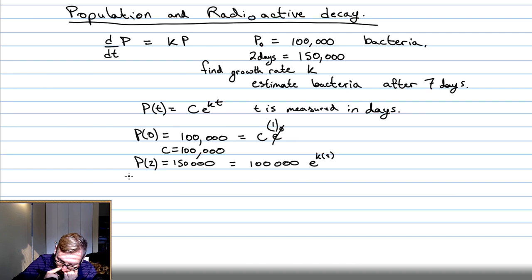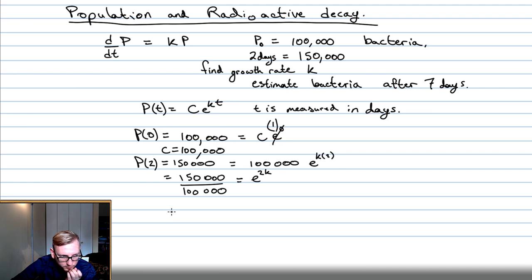So we'll divide by 100,000. 150 divided by 100 equals e to the 2k. So what's an easy way to say this? Just 1.5?